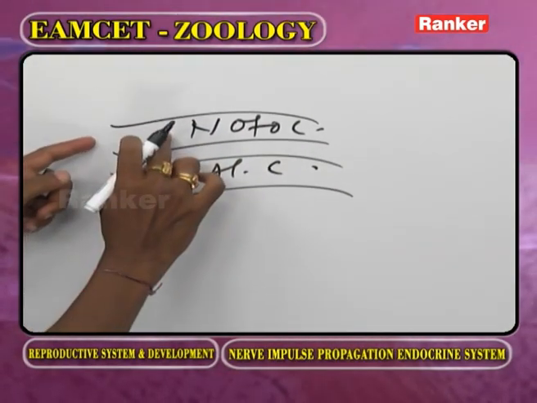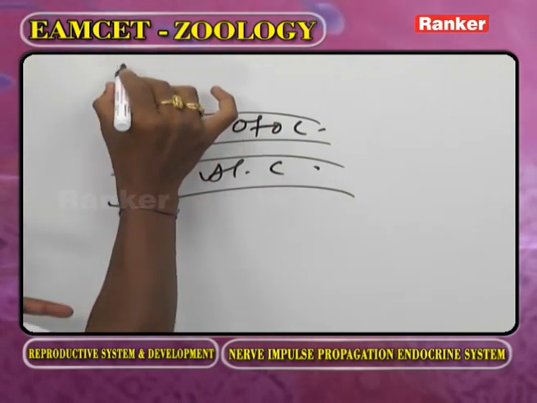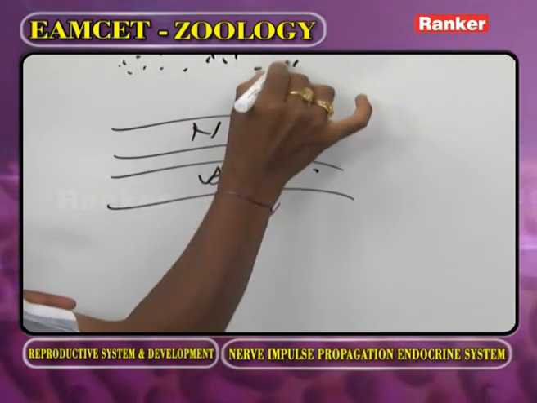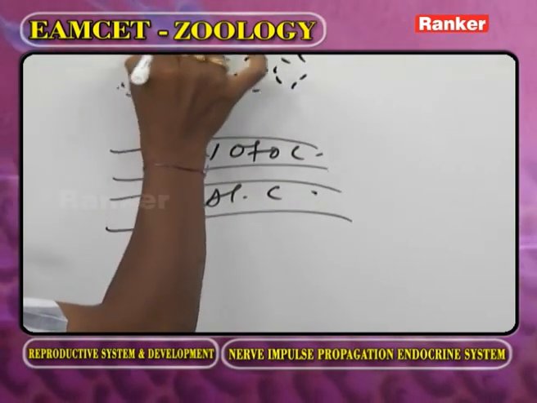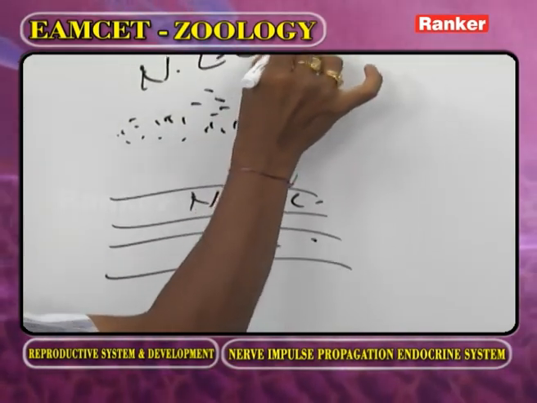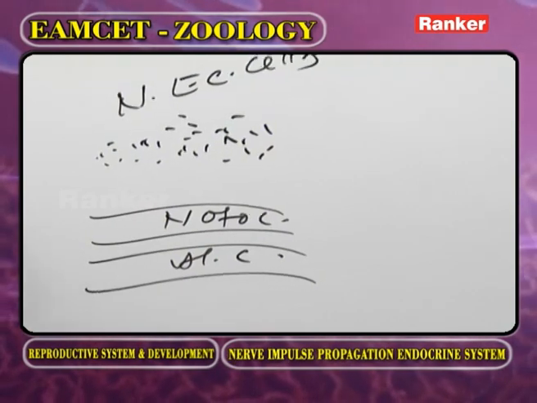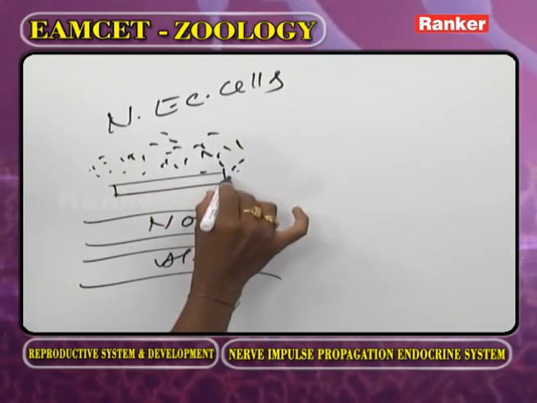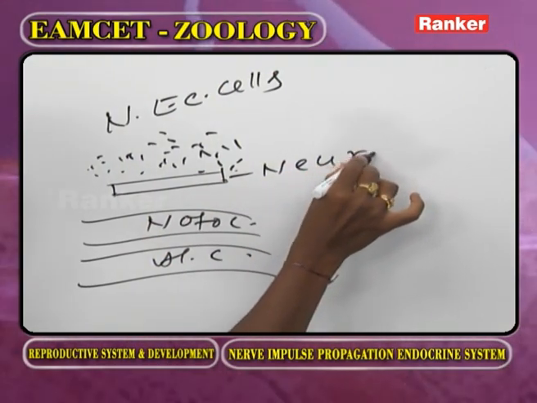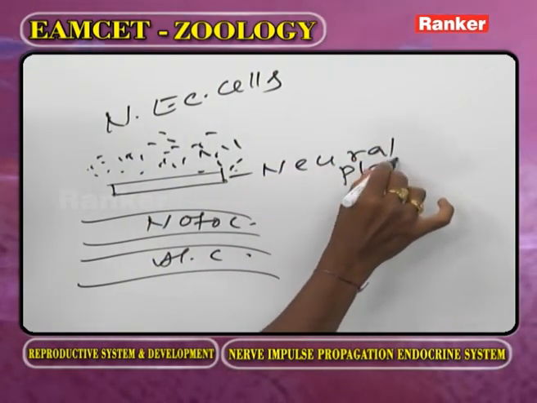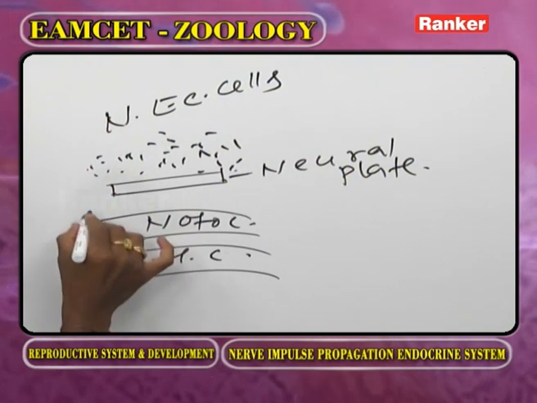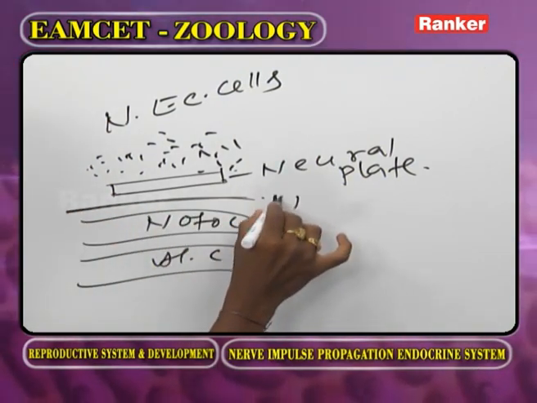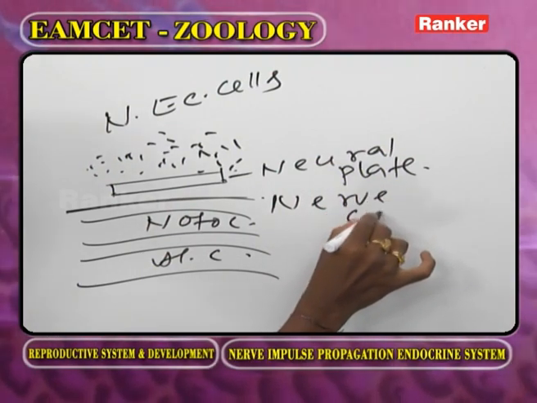Now, above the notochordal rudiment, what is present? The neuroectodermal cells are present. Neuroectodermal cells. Now, all these cells unite to form the neural plate. From these neuroectodermal cells, we are getting what type of structure? That we call the nerve cord.